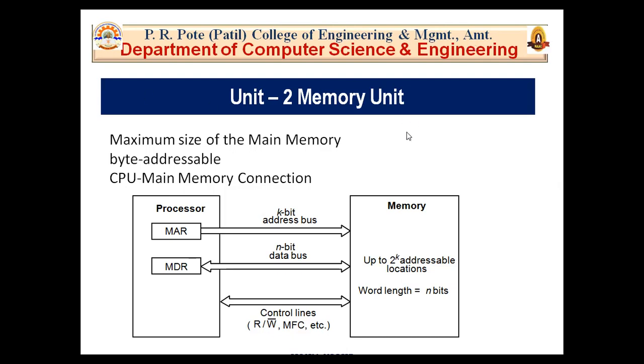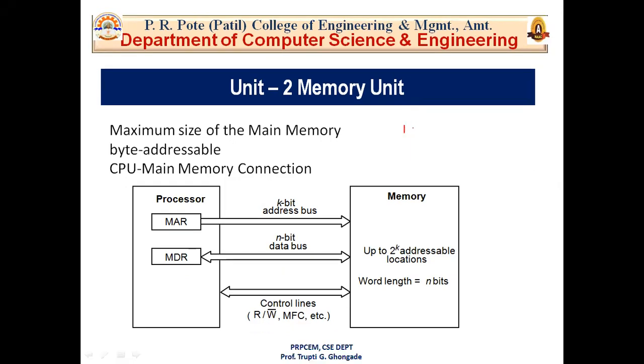if your computer system is 16-bit, okay, let's say you have a 16-bit computer system that generates 16-bit addresses. Now 16-bit addresses means how many memory locations?